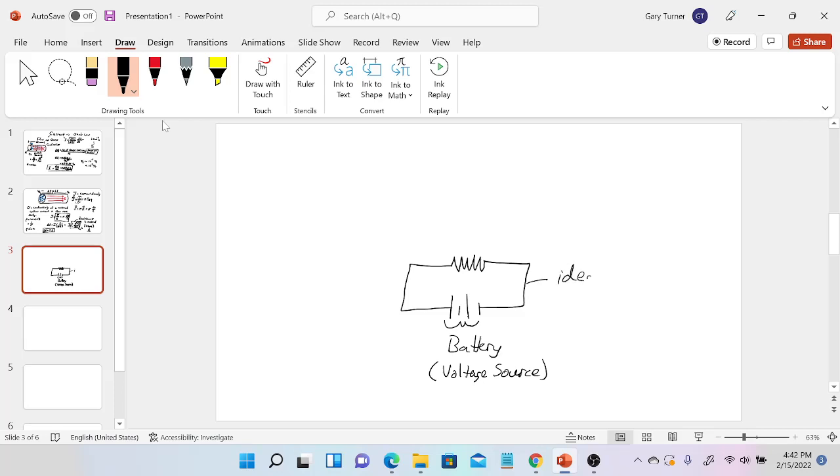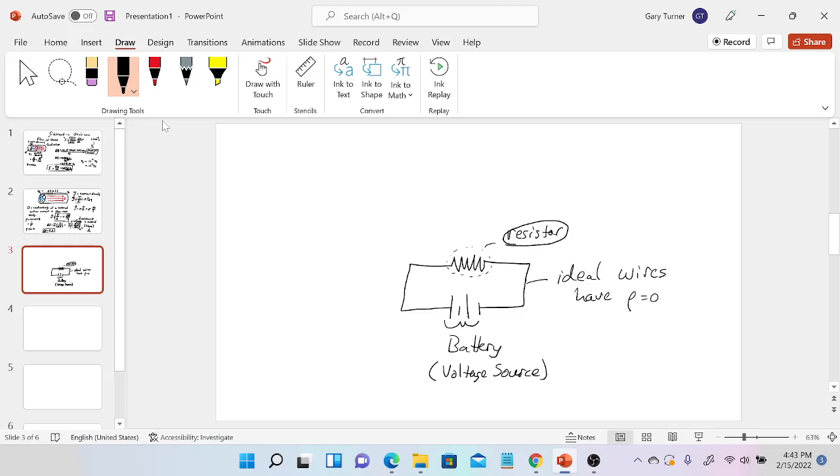So ideal wires in our circuit diagrams have a resistivity of 0, but this squiggly line represents a resistor. Okay, so when you put a resistor in the path with ideal wires, all of your resistance is going to be wrapped up in this resistor.